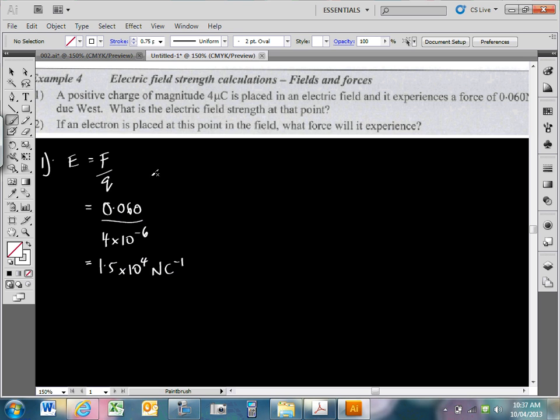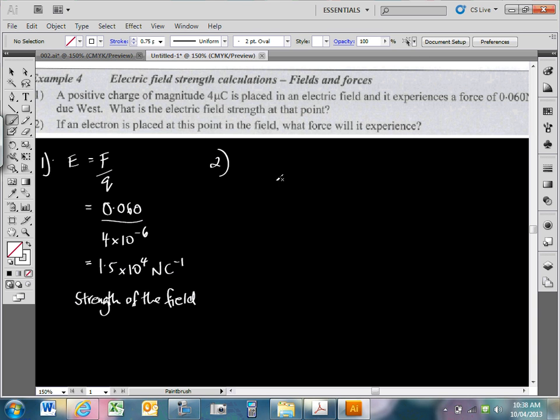That's easy enough. Remember to state your formula that you're using first in your exam questions. Most people have done that in the test that I've seen so far, which is good. And electron, of course, we've got the same force. We can rearrange for, so we have the strength of the field here. Strength of the field.